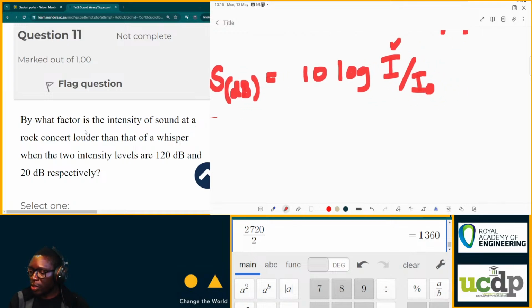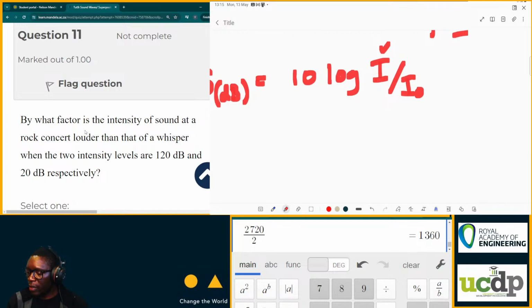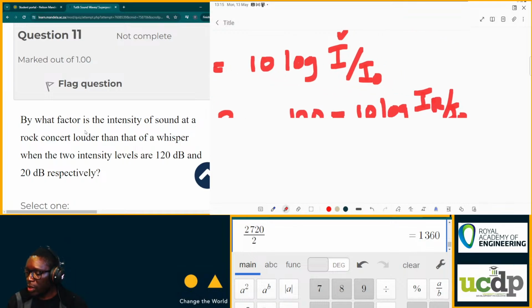So how do we get that ratio? We know that we have the level 120 is equal to 10 log I for the rock concert over I naught, and 20 is equal to 10 log I for the whisper over the same I naught.